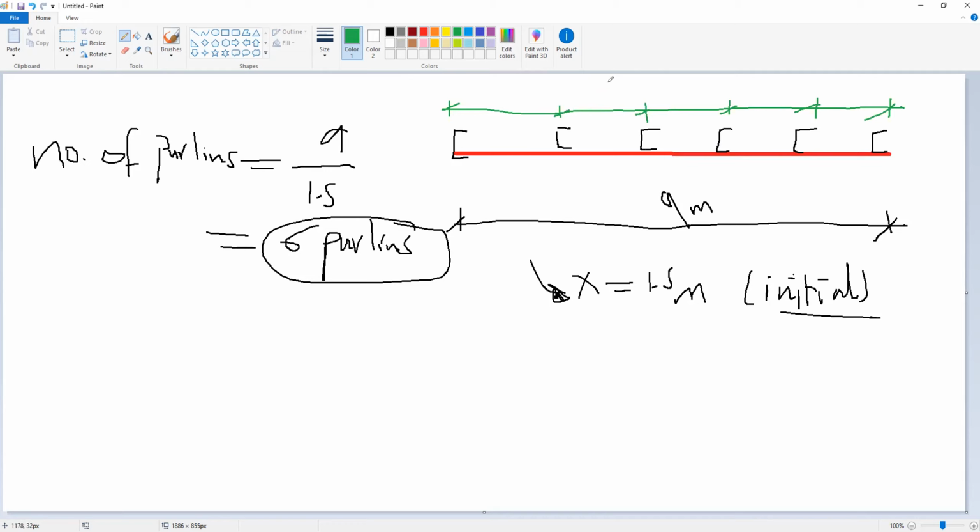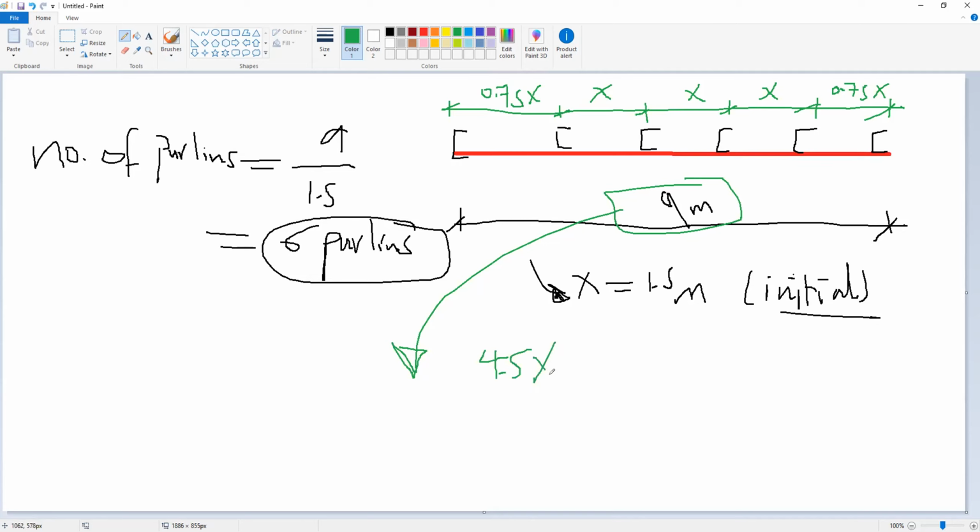And now you know that we have x, x, x, and here if you want to do it, 0.75x and 0.75x. So according to this, you can know exactly how much x is. If we sum all of this, we have 3x plus 1.5, so we have 4.5x, right?